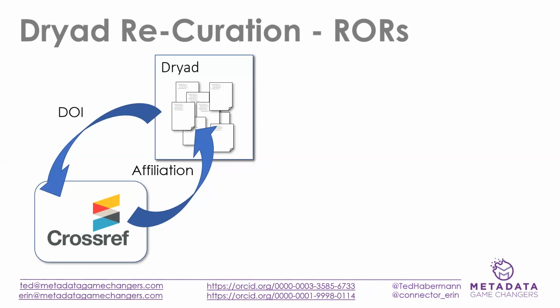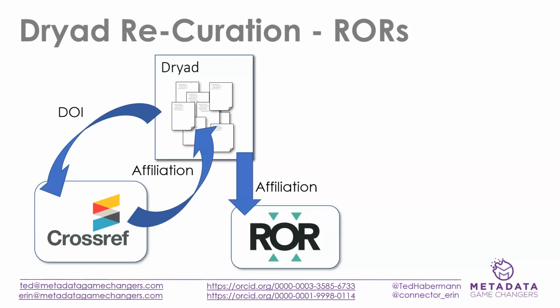So when the back end of Dryad was taken over by the California Digital Library, the whole metadata model changed and we added these affiliations in. But the critical piece is that we could take advantage of those DOIs and use the connections into Crossref for this affiliation information. The ROR organizational identifier was just being developed at that time.